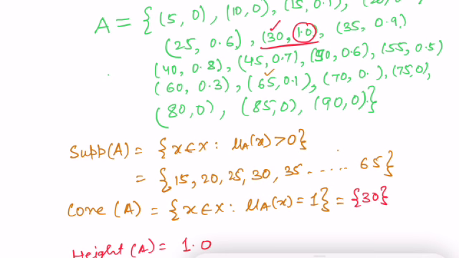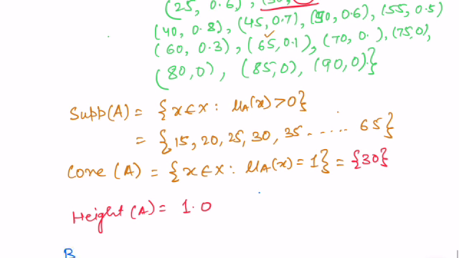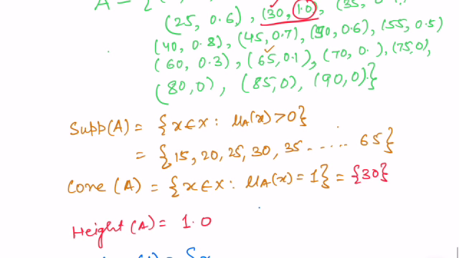Let us move to the next one, the boundary of the fuzzy set. The boundary of this fuzzy set A is all those points where the membership function takes value less than 1 and greater than 0.